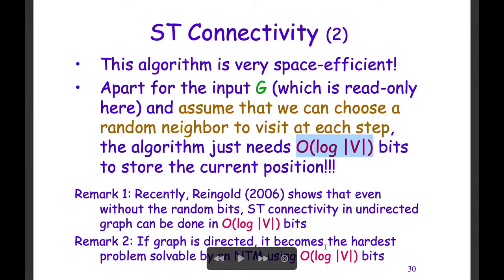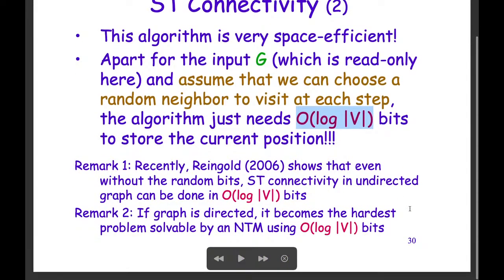But on the other hand, if we have a directed graph at the beginning, so that some of the directed edges could be missing, then the problem of directed ST connectivity turns out to be the hardest problem that we can solve using only order of log v bits.